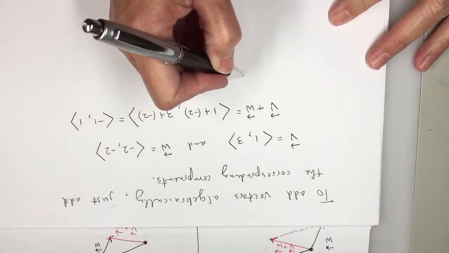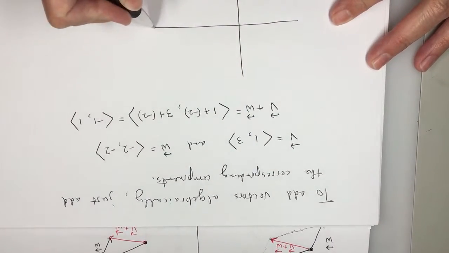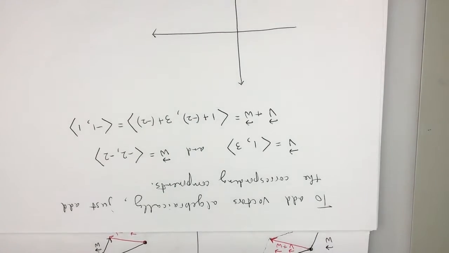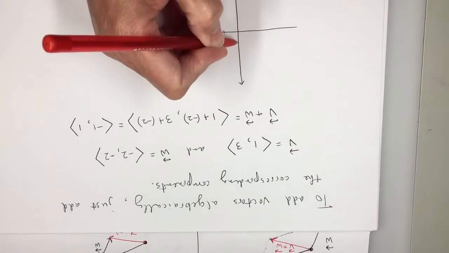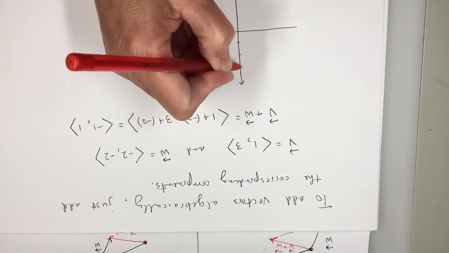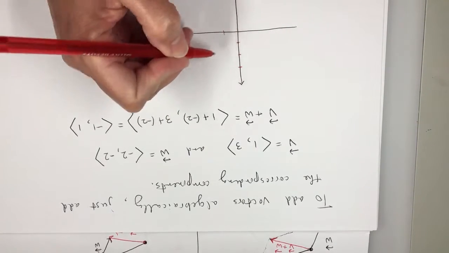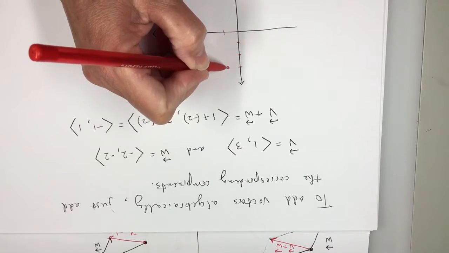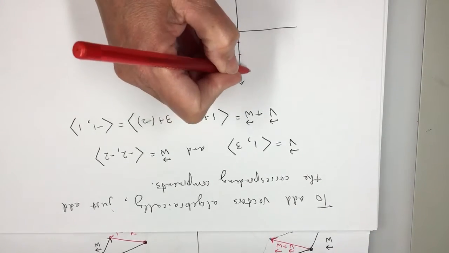So if I draw this out, vector V, initial point is at the origin. The terminal point is at 1, 3.